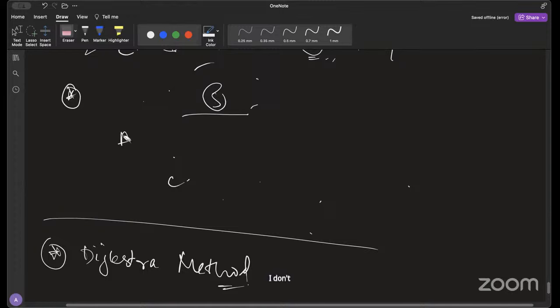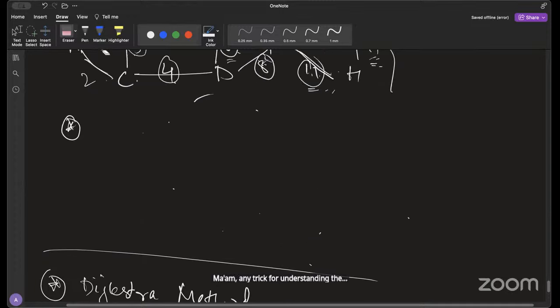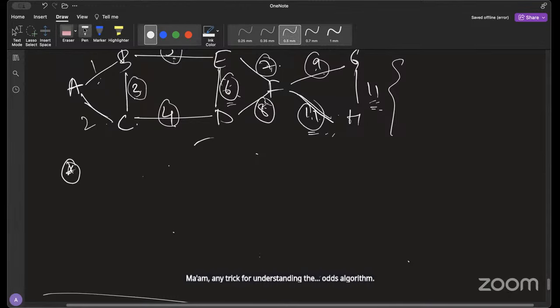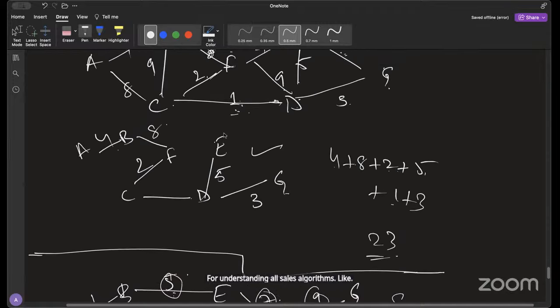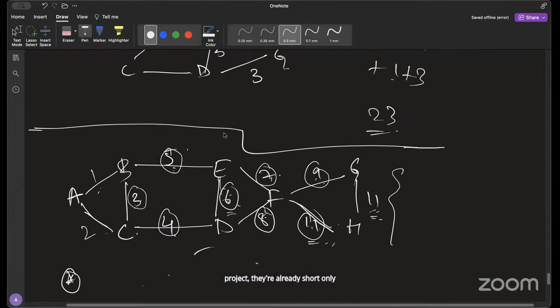Ma'am, any trick for understanding the algorithm? Trick for what? Like a short trick for understanding the Kruskal's algorithm? In Kruskal's algorithm, you just arrange the edges in ascending order of their weights.